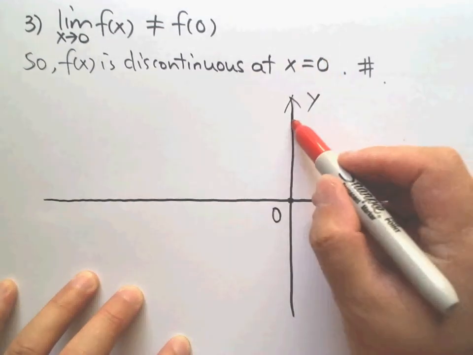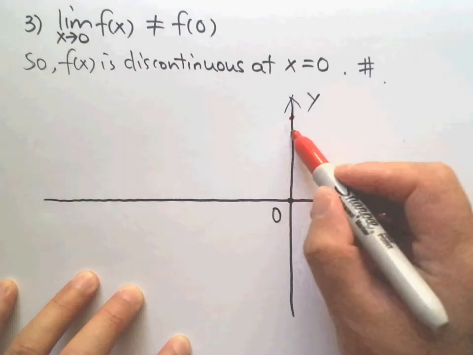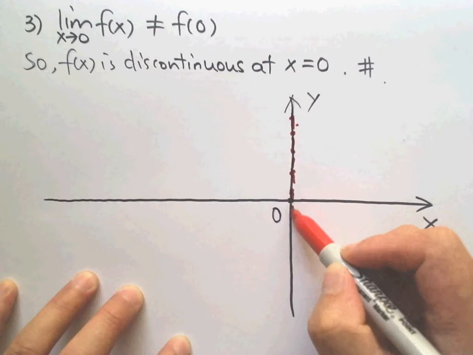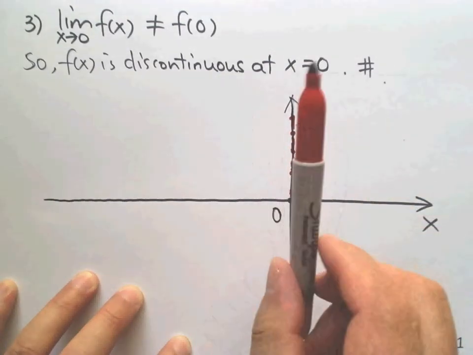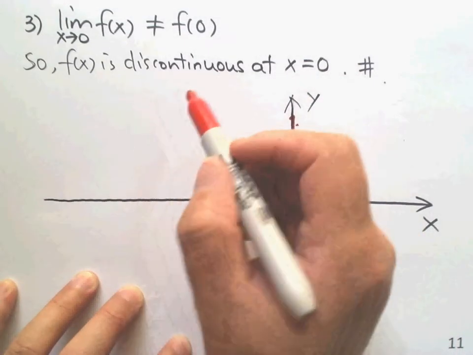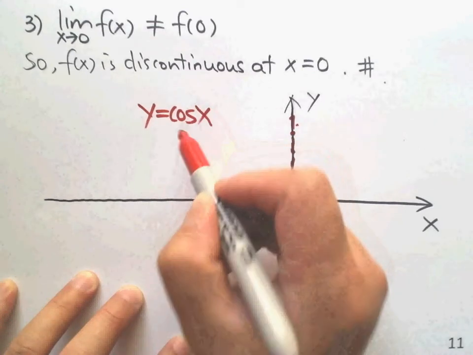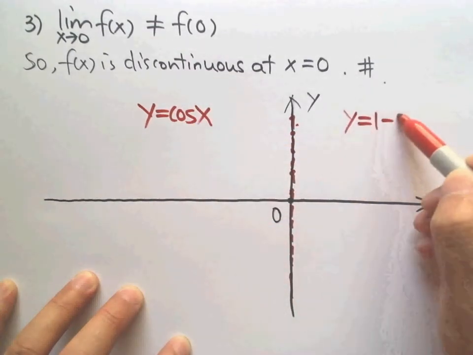The graph is cut into two pieces. What is the cutting point? The cutting point is 0. I draw a dotted line, and this is the cutting line. Left is one piece: y equals cosine x is the left.